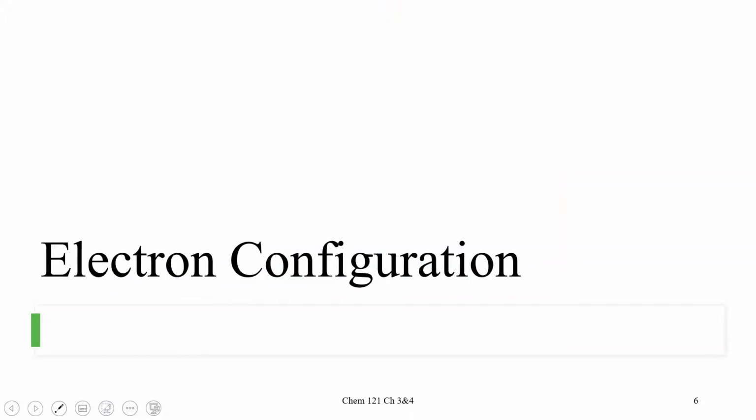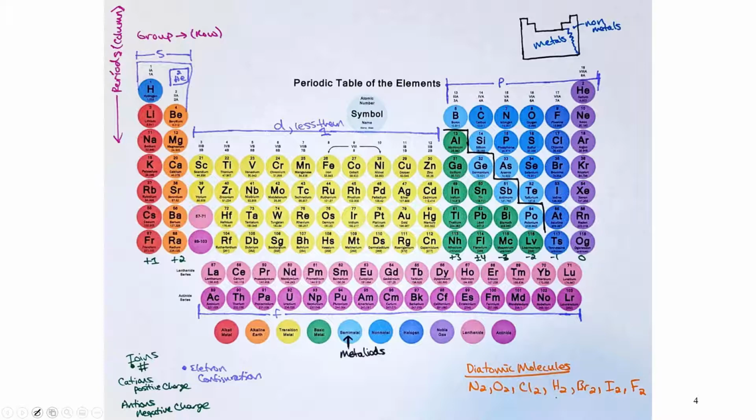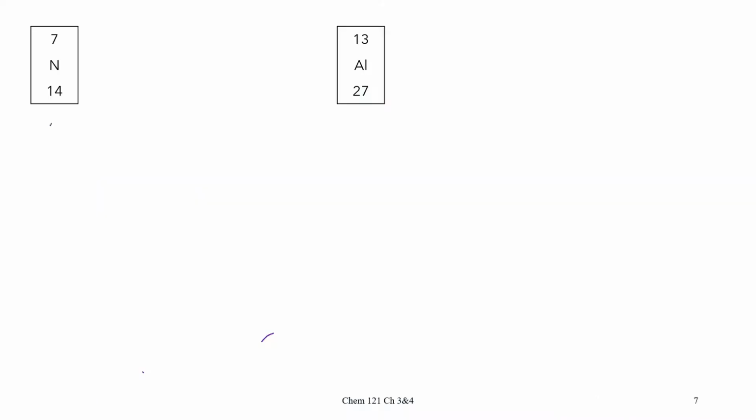So let's look at some electron configurations for this. Our first one is nitrogen, which is atomic number 7. If we go back and look at our periodic table, for nitrogen we're going to go 1s2, 2s2, 2p3.